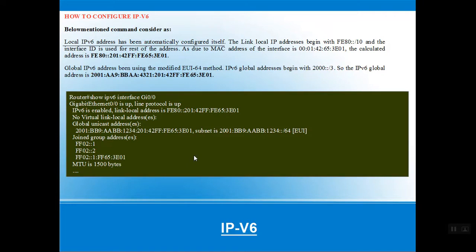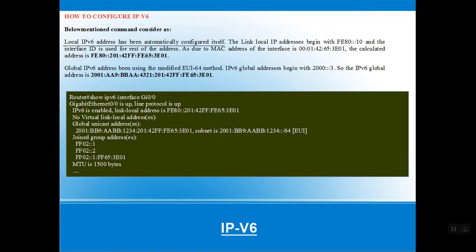Next, how to configure? Let's proceed with advanced commands, and how we can configure IPv6. As you know, with the commands mentioned below, we can see what we are using. A link-local IPv6 address has been automatically configured by itself, and it begins with FE80, as we can see in the picture.